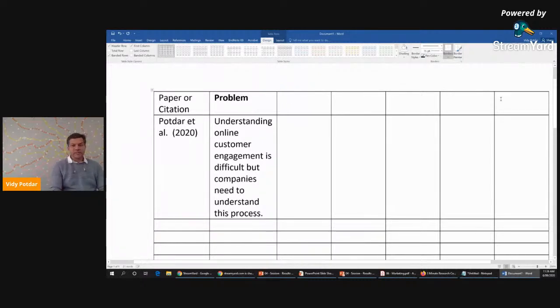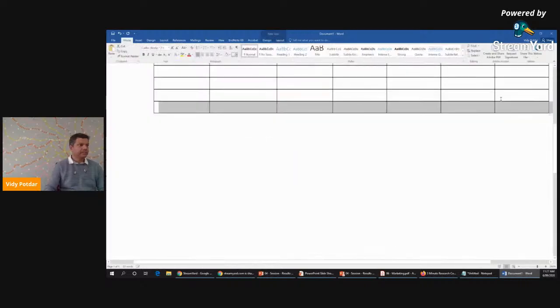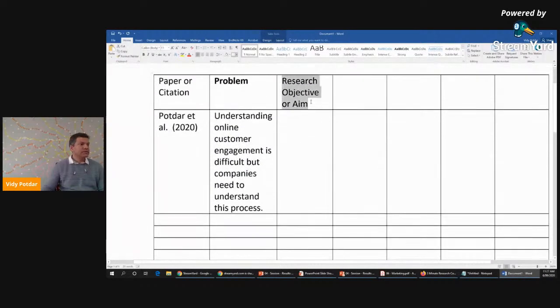Then, if this is a problem, you can also have a research objective or research aim. What was their research aim? You can mention that here.